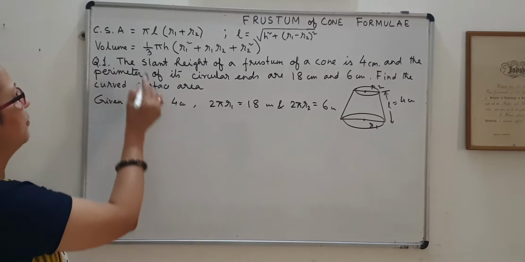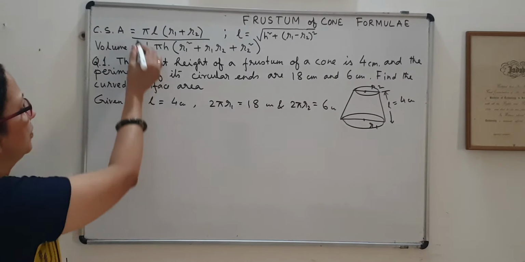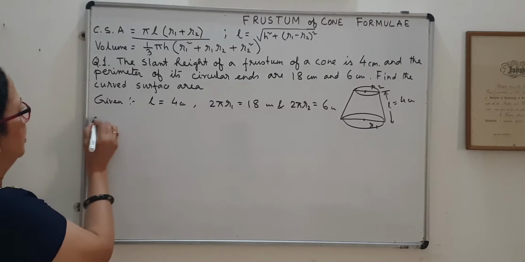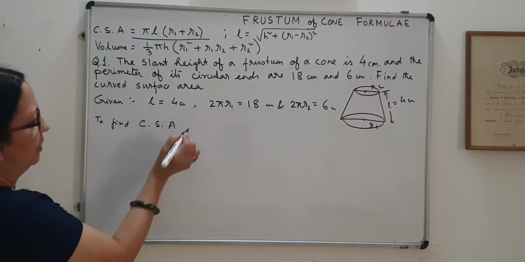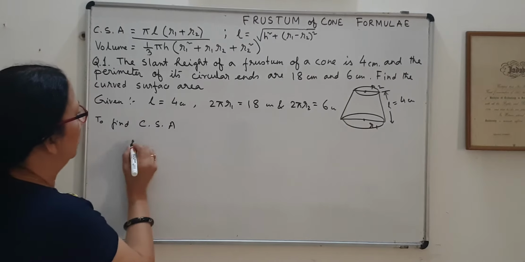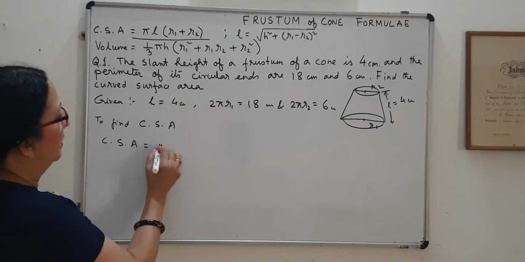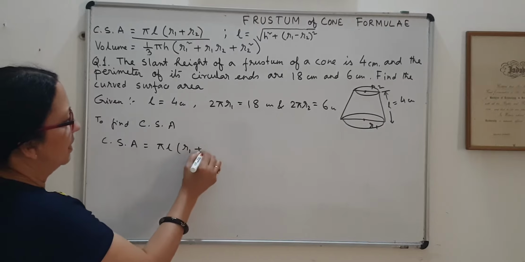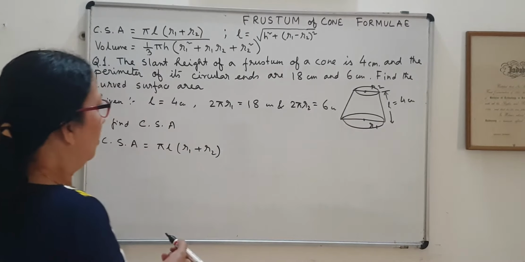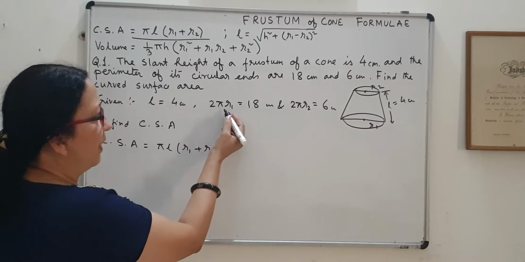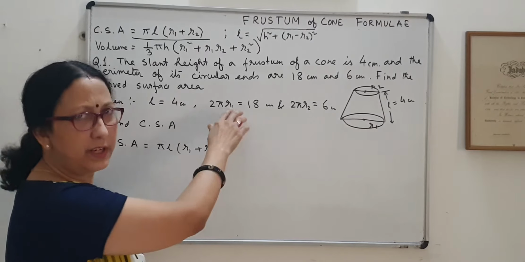These are given, and you have to find the curved surface area of the cone. The CSA formula we know, CSA of the frustum, is pi L into R1 plus R2. Now since R1, R2 are not given, we could find R1 by putting the value of pi as 22/7, but we can avoid the calculation.